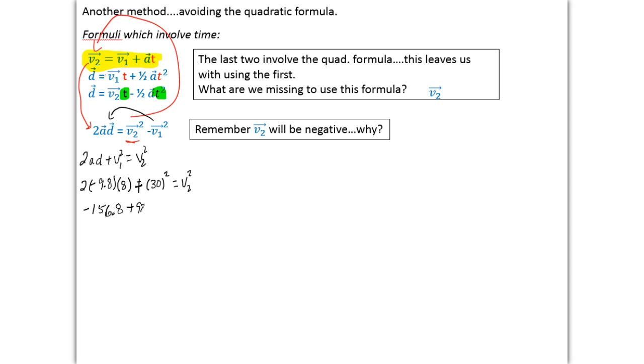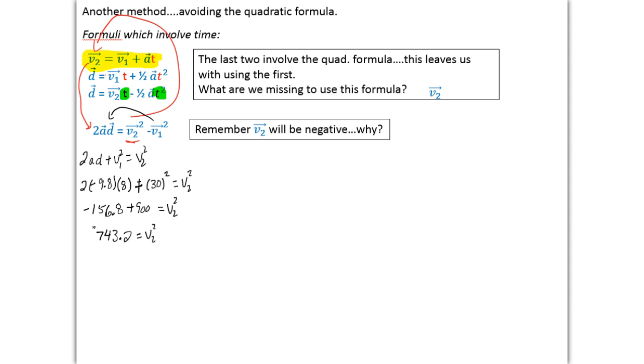Plus 900. And remember, it's V2 squared. So you get 743.2, and that's going to equal V2 squared.